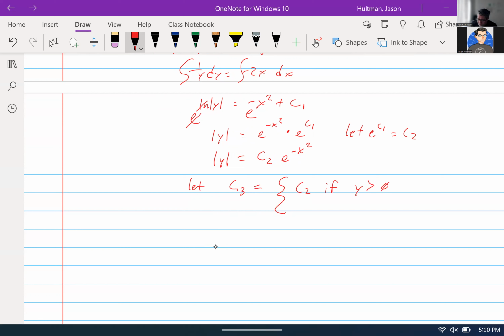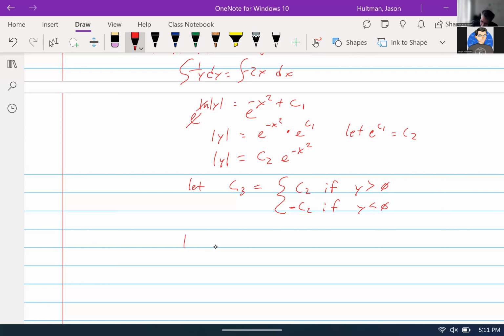But if C2 is negative, I'm going to change that to a positive value if y ends up being a negative value. If y is less than 0, then I'm going to flip signs and let that be a negative C2.